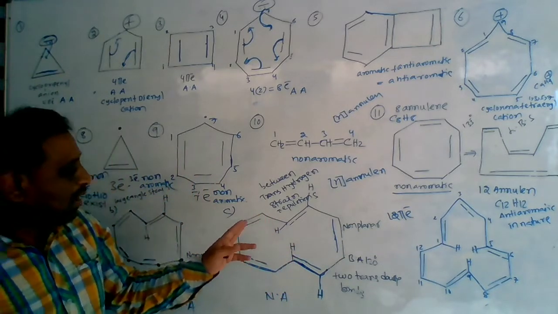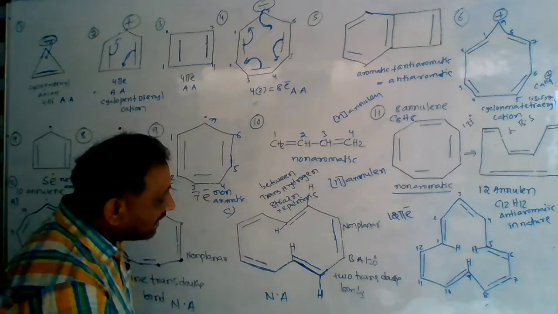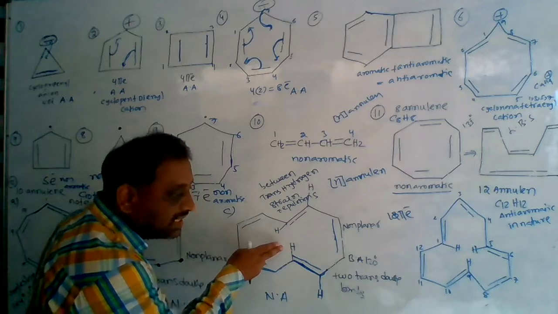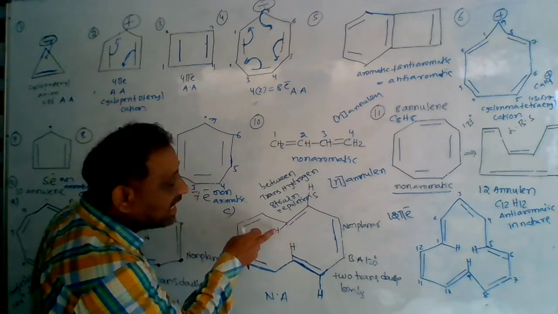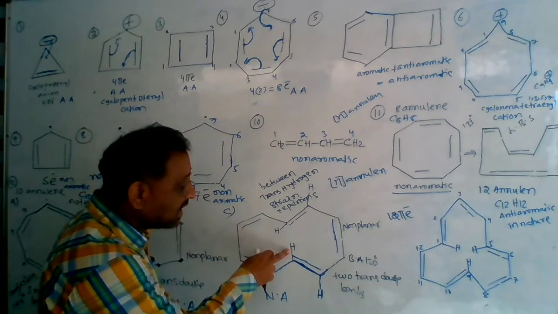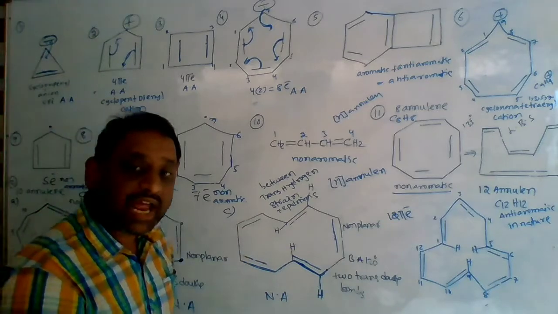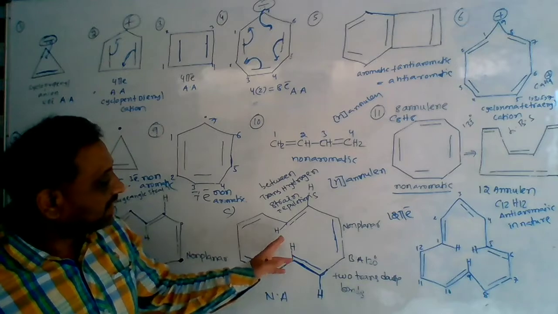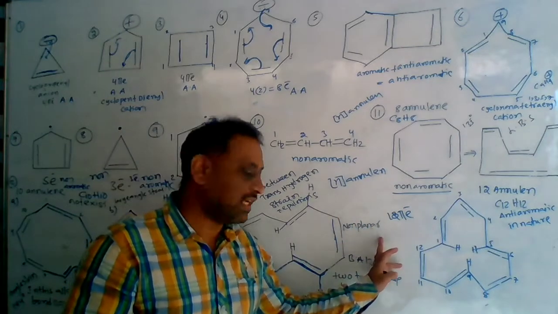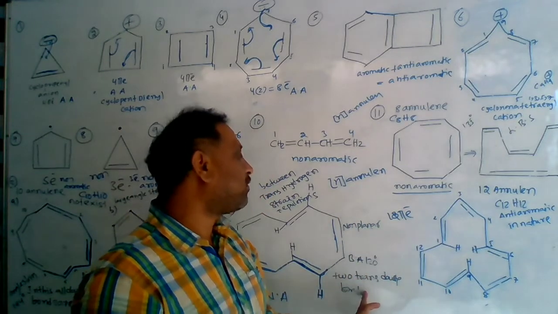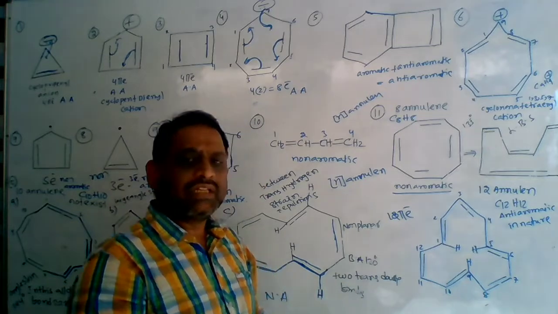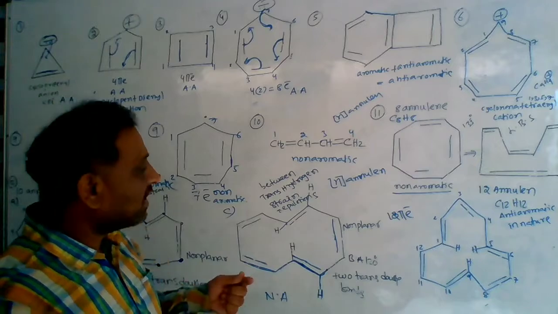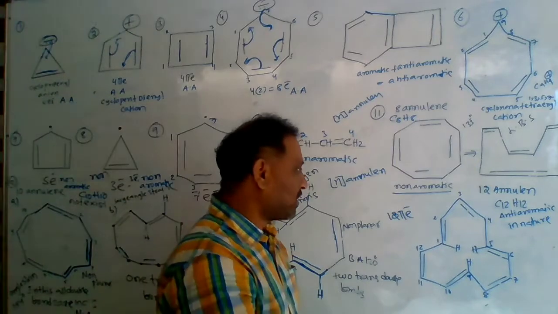Here bond strain is minimum, but steric repulsions arise between the hydrogen atoms of the interior part of the ring. That's why it has a non-planar structure, so it is also a non-aromatic compound. 10 annulene is a non-aromatic compound because of its non-planar structure.